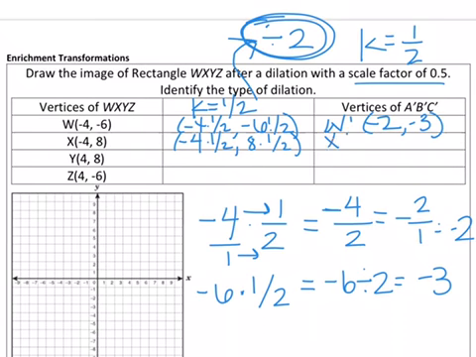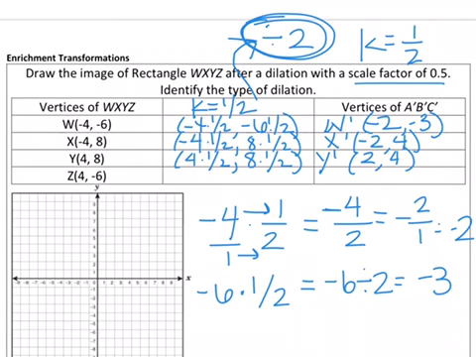So -4 divided by 2 is -2, and then 8 divided by 2 is 4. So we have our point for x, and it was fairly quick. Same goes for y. 4 times 1/2, and this time it's positive, and then 8 times 1/2. Again, for y prime, 4 divided by 2 is 2, 8 divided by 2 is 4.